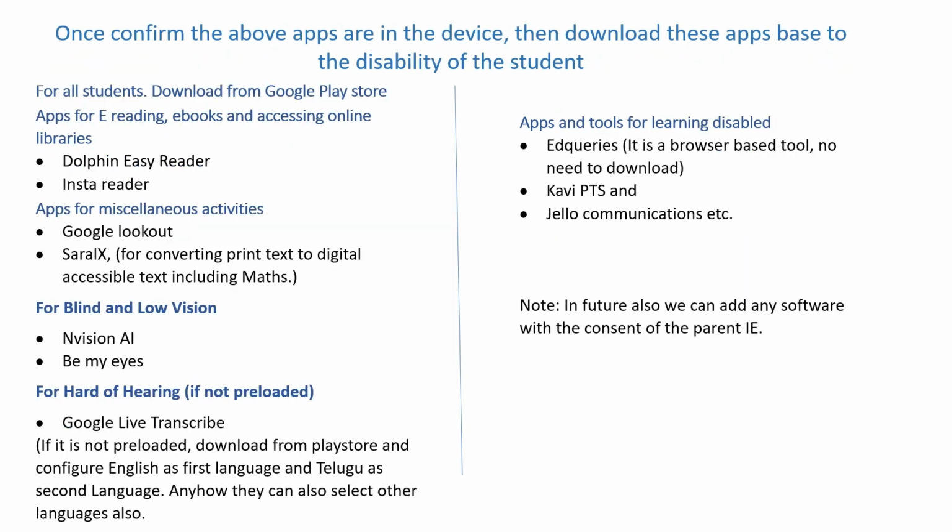Then Kavi PTS and Tele-communication, which you had training for, for training children with neurodiversity. So these are the minimum apps we need to download. But EdQueries, Kavi PTS and Tele-communication are only for children with intellectual disabilities or specific learning disabilities. But also make sure that in future, any new software to be added, as a parent you will be able to add it into the student device.